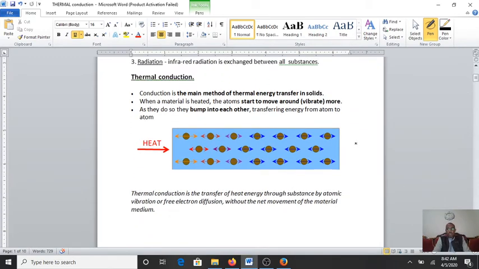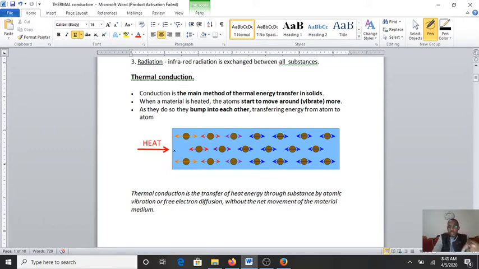So take an example. We have this object here, and the balls you are seeing are the atoms. The brown balls are the atoms, and the whole rectangle is representing a metal. So these arrows here are showing the movement of the atoms. Actually, it is a vibration of each atom.